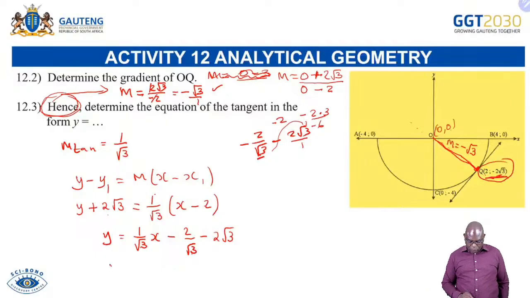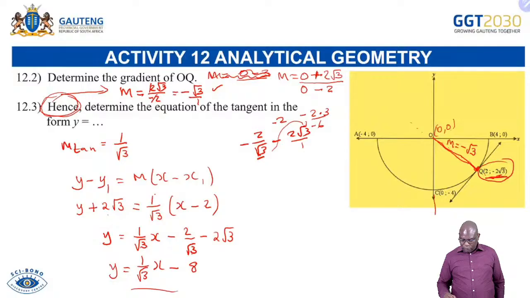So my answer will be y equals 1 over root 3 x minus 8. Am I right? Therefore, if I move this line here, that line there will go through minus 8. So I might be right. And the gradient is positive, this line has a positive gradient. So we've got plus, plus, plus, plus, and then you can check with me if that gradient is correct.